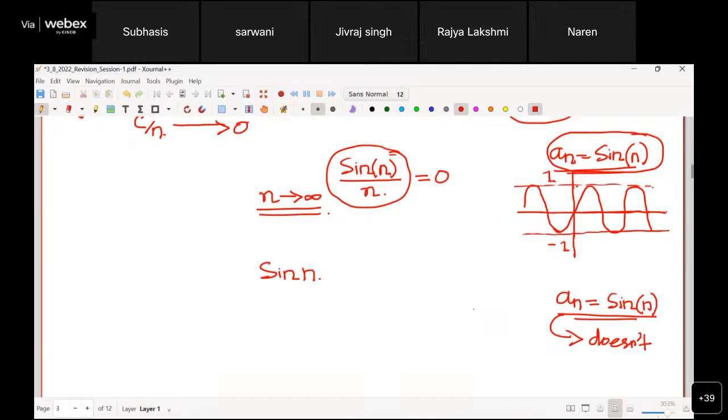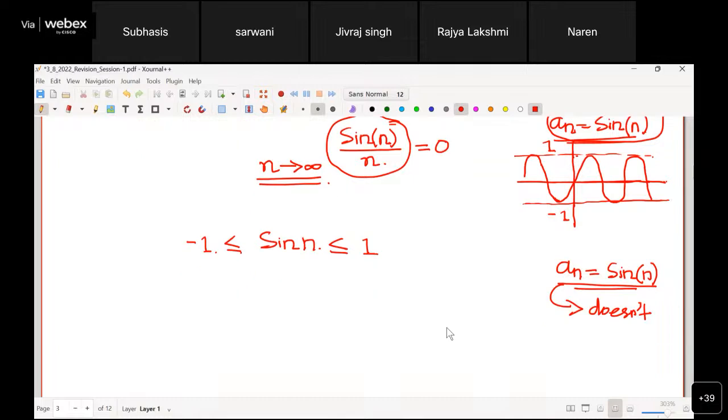As you can see, sine n is less than 1 and greater than -1. Now I'll multiply by 1 by n. Then I get minus 1 by n less than sine n by n less than 1 by n.